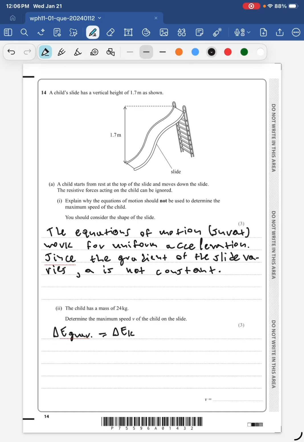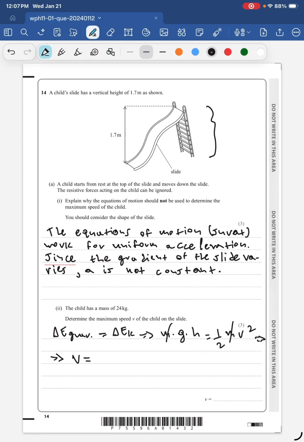right? So you're going to be surprised by one fact right now. What's the change in gravitational energy? mgh, right? And h is just 1.7 meters. And this should be equal to 1/2 mv squared. Okay, m cancels, so you don't need the mass. I guess they try to trick you in these tests.